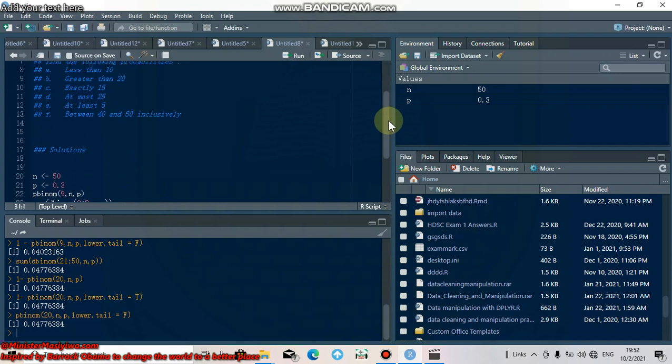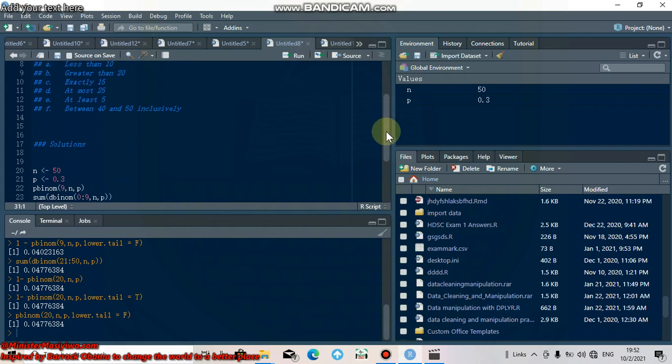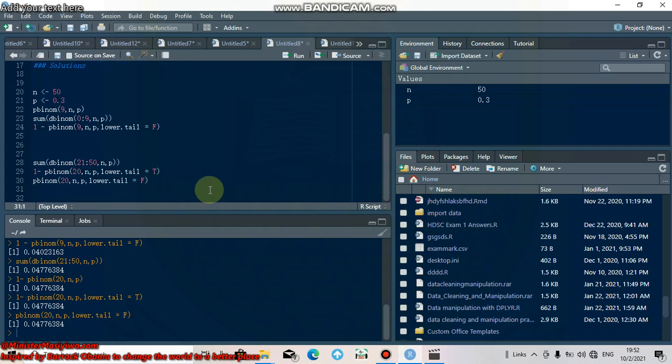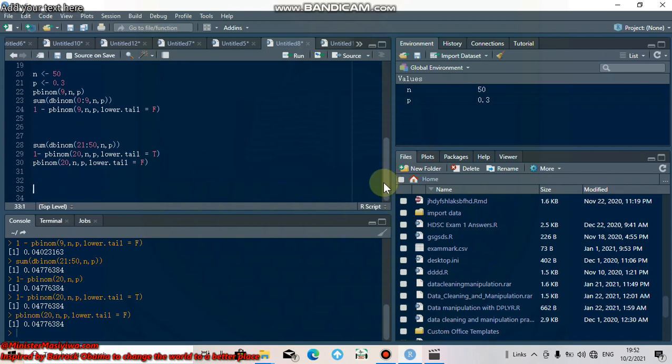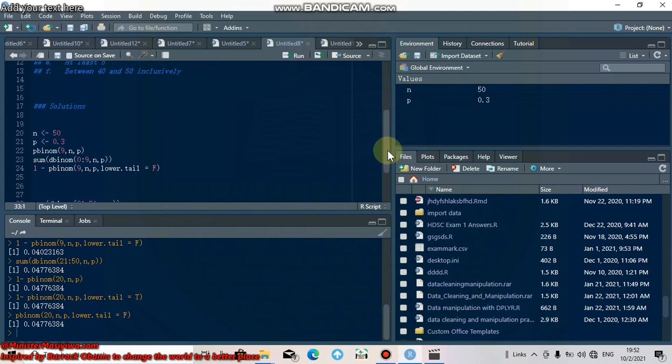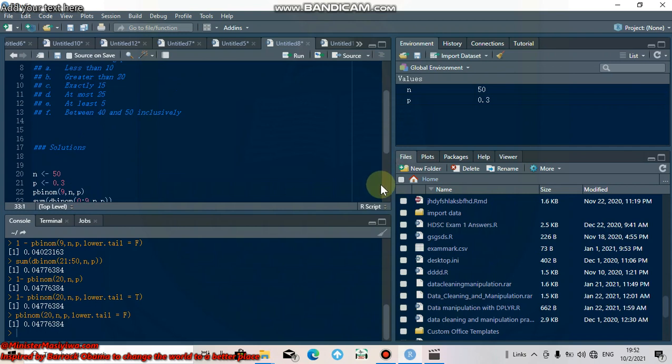Now for exactly equal to 15. It's an exact value. So we said we can use our dbinom, which generates the probability of a specific number. Here a number has been specified, which is 15.